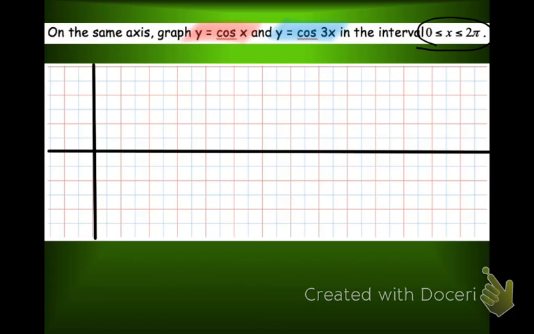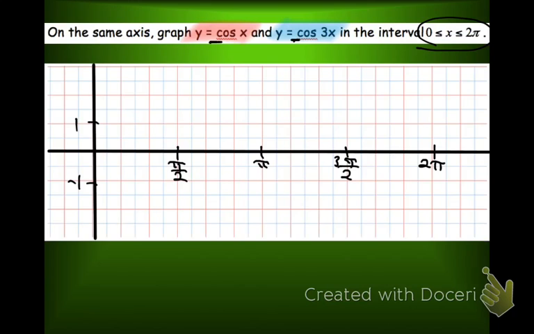We're still only going to have 1 and -1 because neither one of these has a number out in front. So we'll use the same setup as before. Go out 3 of the big boxes, and that'll be pi over 2. Go another 3, and that'll be pi. Another 3 will be 3 pi over 2. And another 3 will be 2 pi.